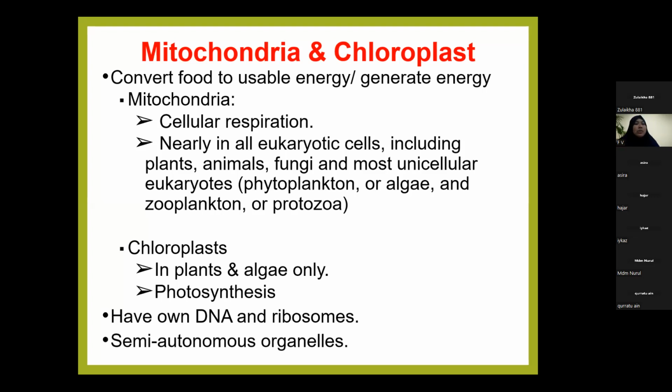Okay, so now we have seen mitochondria and chloroplast. So you can see that there are some similarity between both mitochondria and chloroplast, and there are differences between mitochondria and chloroplast. Okay, so you can see that both have very usable function. For example, to convert food to usable energy or to generate energy.